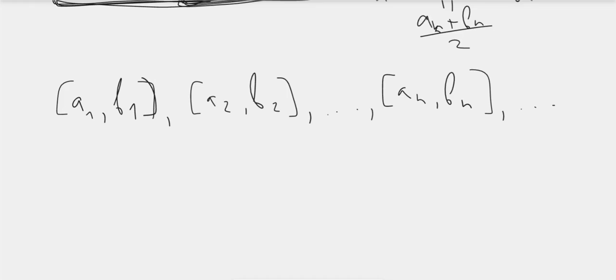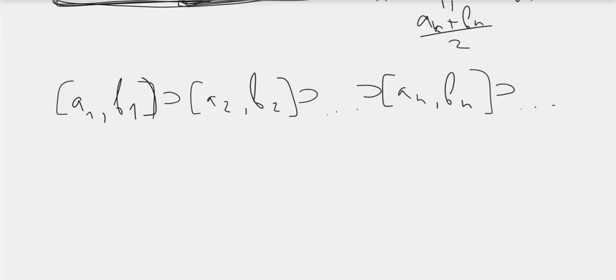And we notice that they are not just intervals, but each next one is strictly inside the previous one. So instead of writing commas here, we can write the inclusion the other way around: the next one is contained in the previous one, right?